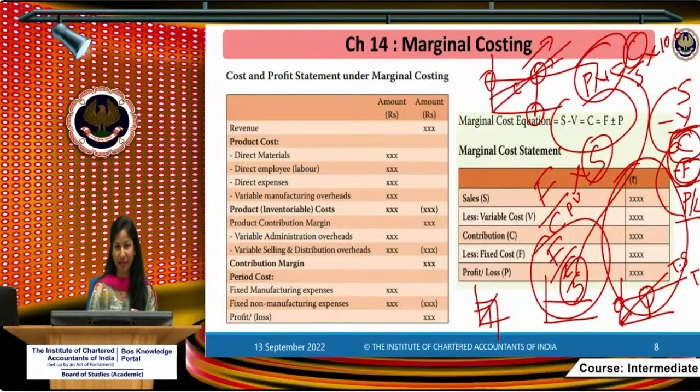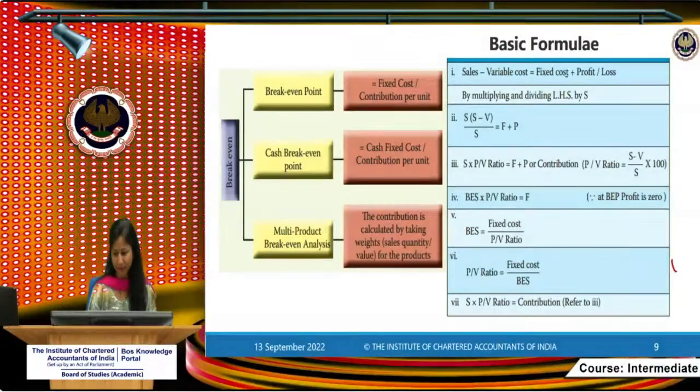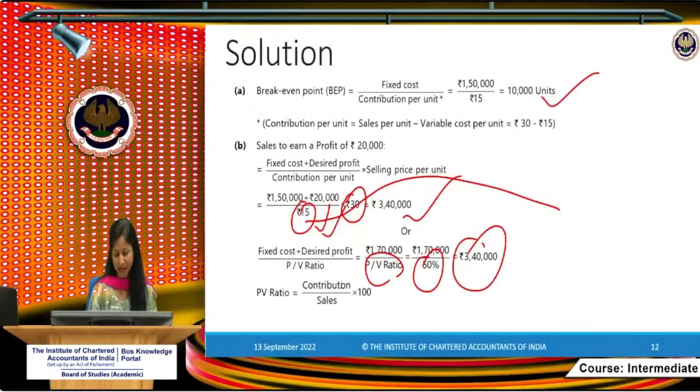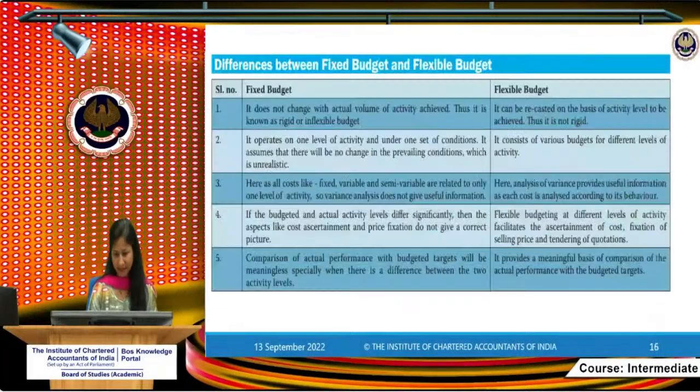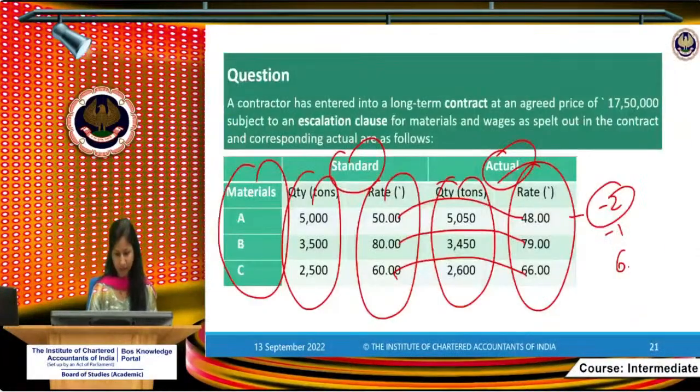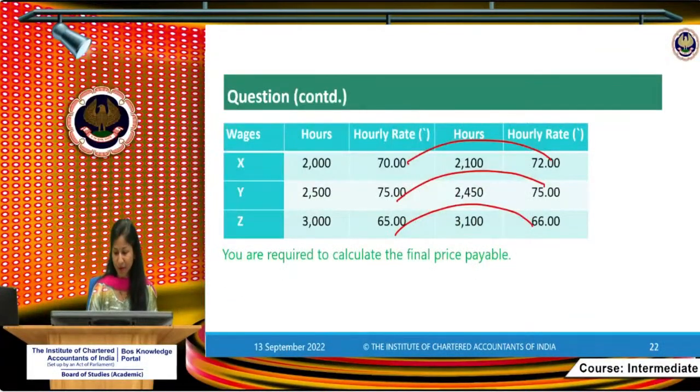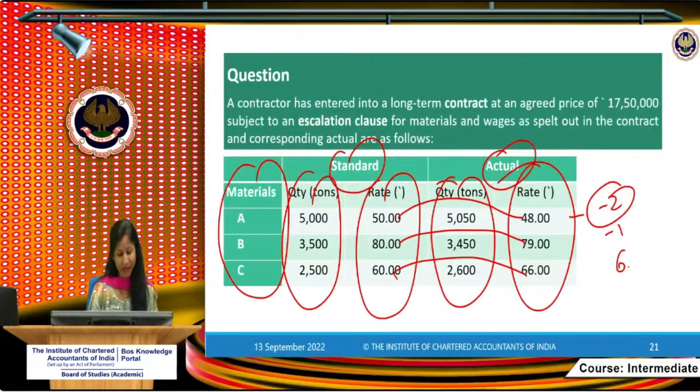When you calculate it, only then can you apply that figure with the fixed cost to calculate break even sales or break even volume. Next sir has covered budgets, and all the concepts of contract. Sir has also covered a simple question. Here I would like to add one thing.